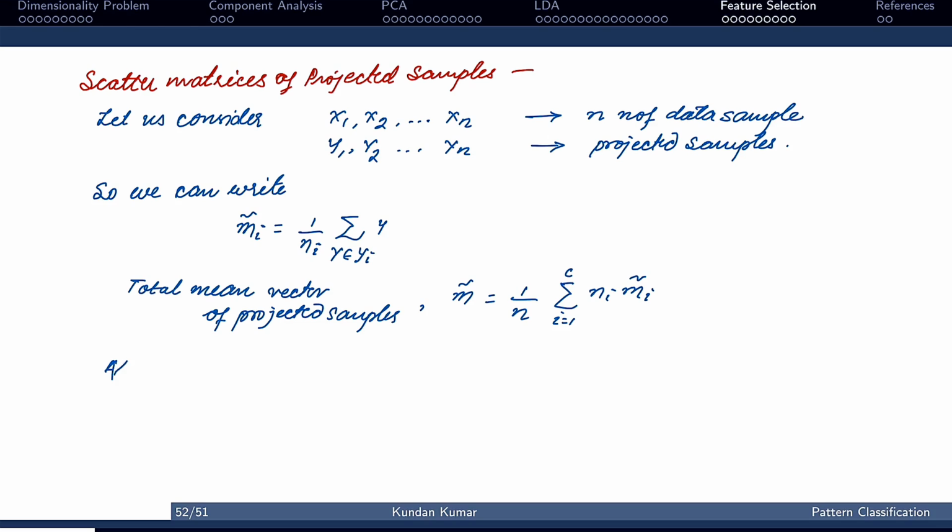Also we can define the within class scatter matrix of projected samples.